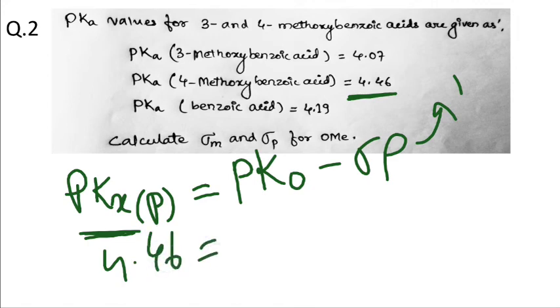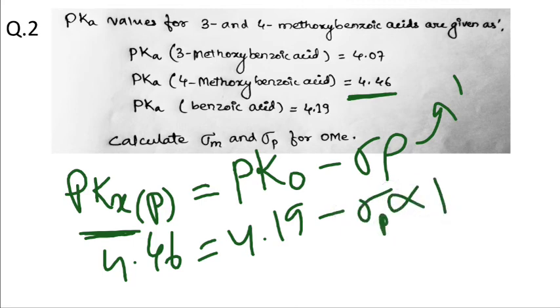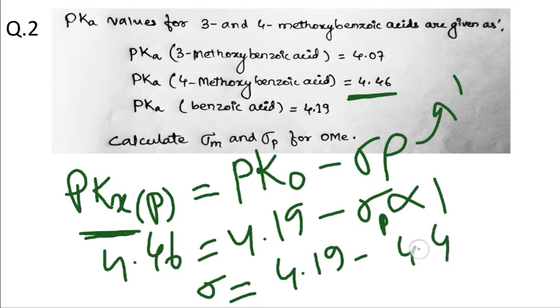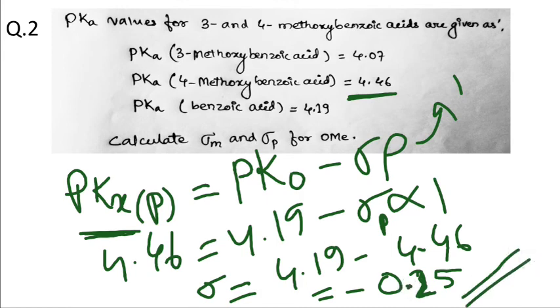That is equal to 4.19 minus sigma p into 1, so sigma is equal to 4.19 minus 4.46, so we are getting its value as minus 0.25. So this is the value for sigma p, which is equal to minus 0.25. So this is a very simple question.